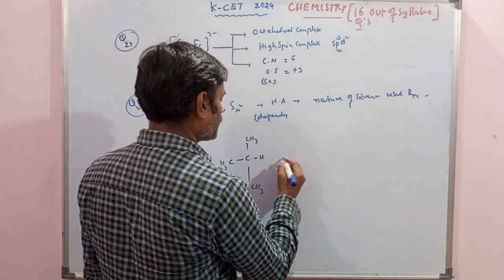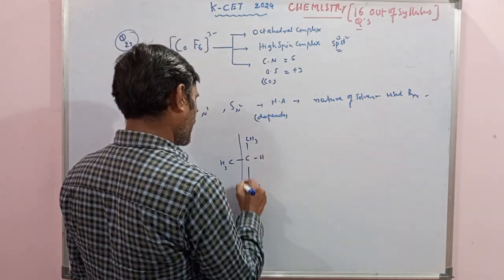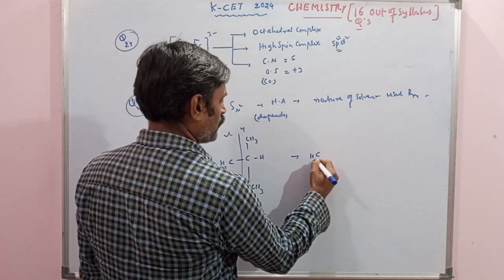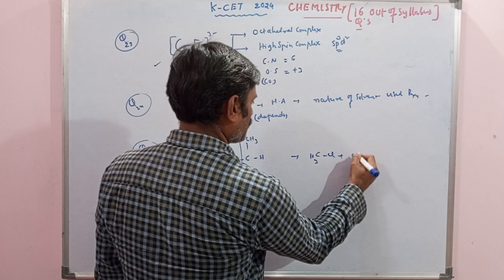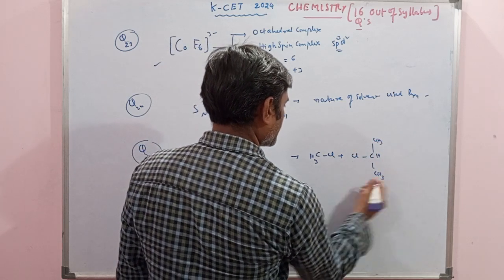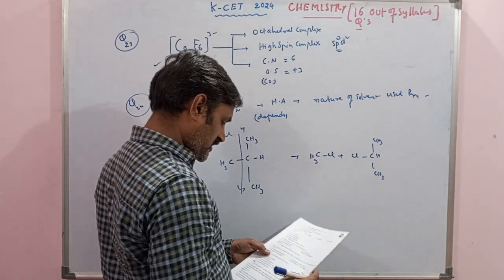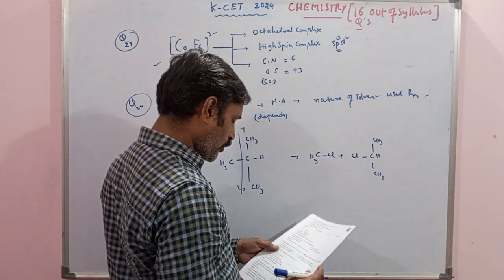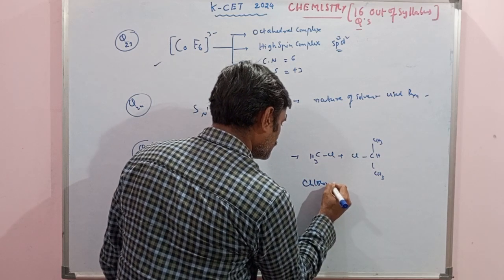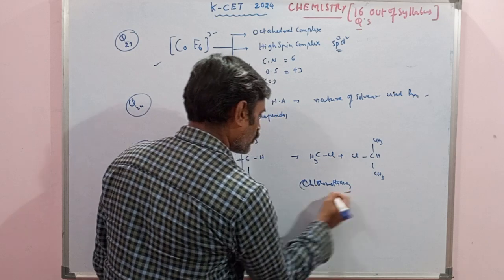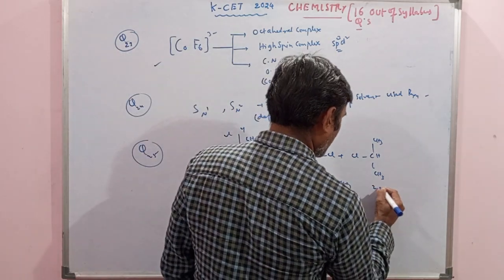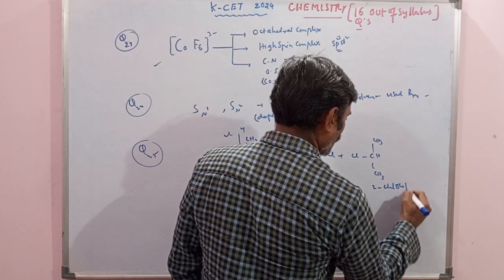This alkane can be obtained when we take chlorines on this side and this side. One is CH3Cl, another is CH3CHClCH3. This is chloromethane, and this is 2-chloropropane.